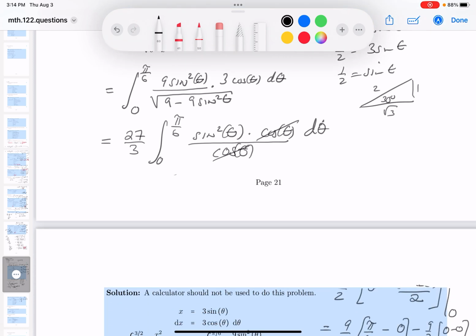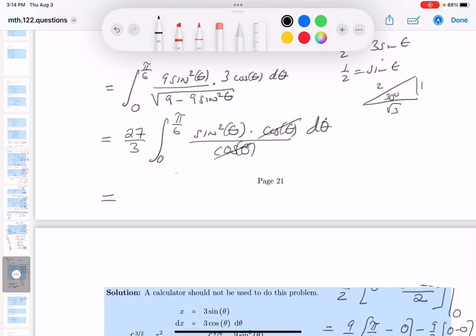So what am I left with? I'm left with 9, integral from 0 to pi over 6, of sine squared theta d theta. Remember, we have identities that we deal with. They're double angle identities. You should know them from pre-calculus: cosine 2 theta is 1 minus 2 sine squared theta.